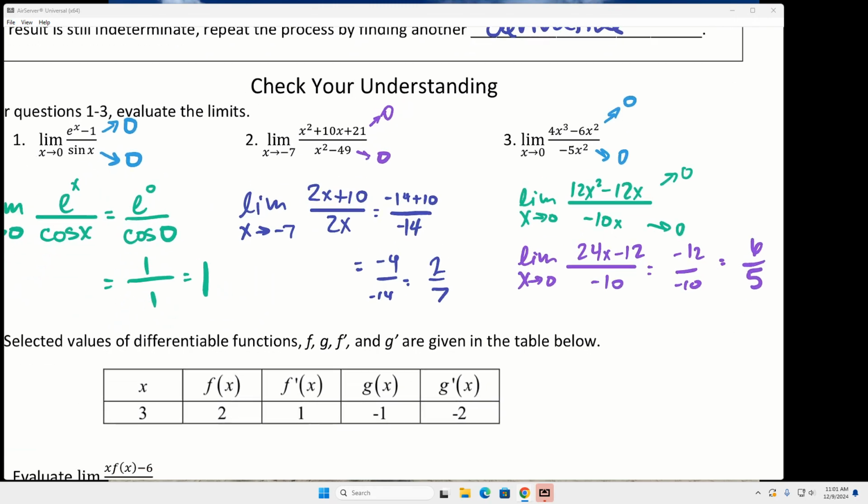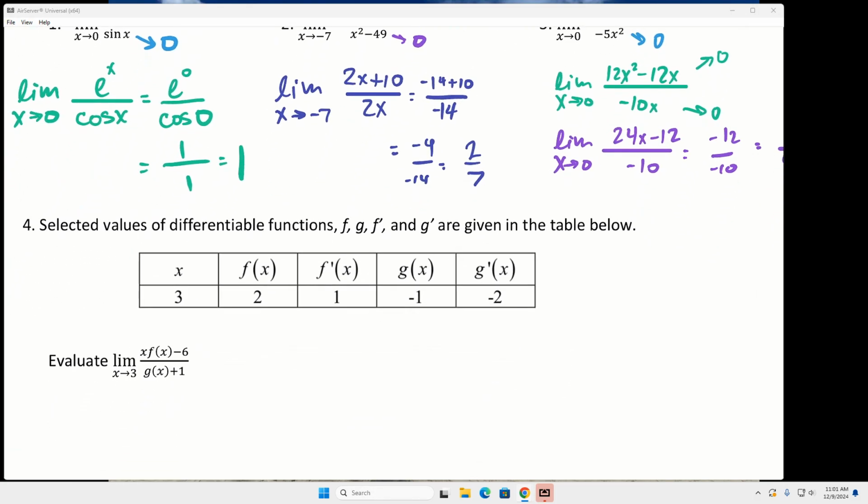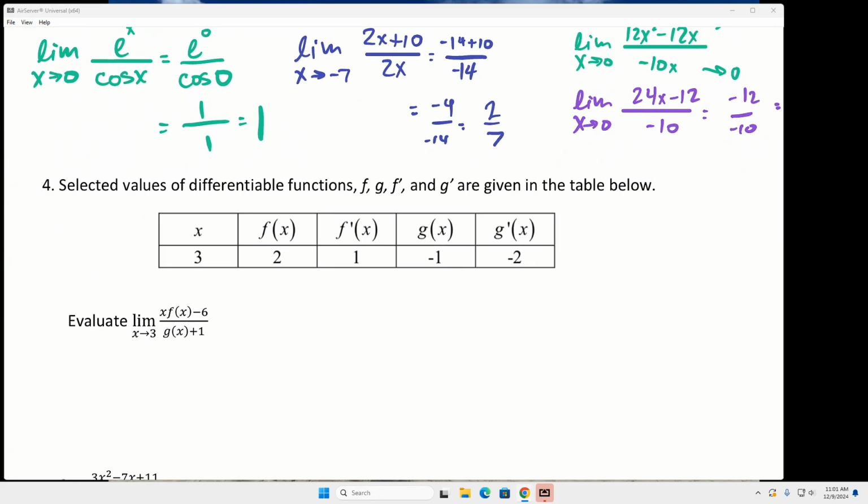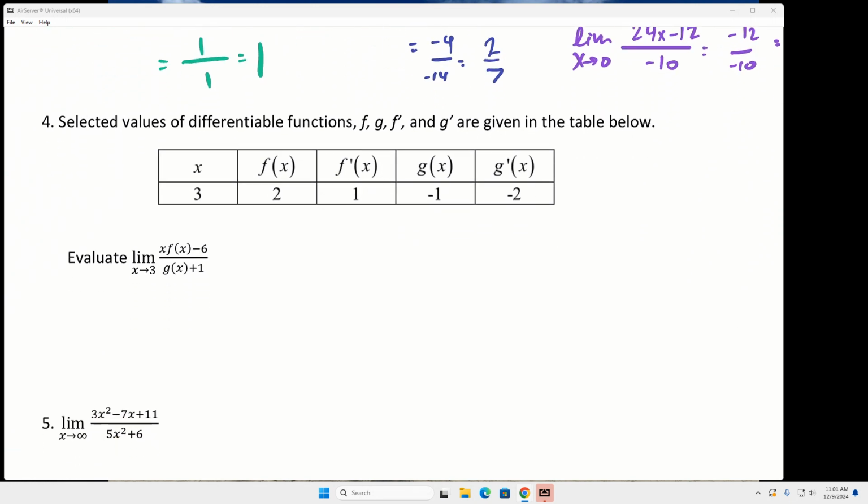All right, now I know you guys know the AP people love these tables where you have some values of a function and derivative of multiple functions. So this one we have f and g and their derivatives, and the only thing we're worried about is when x is 3. So if we evaluate this original limit at 3, I'm going to put 3 in for x.